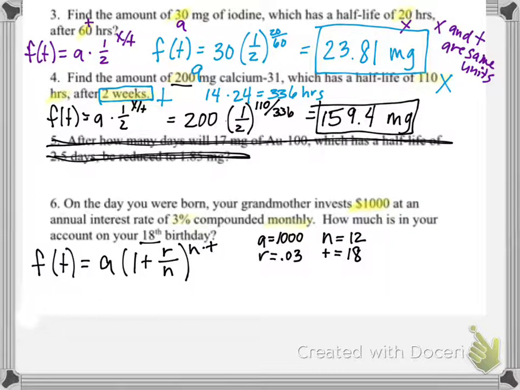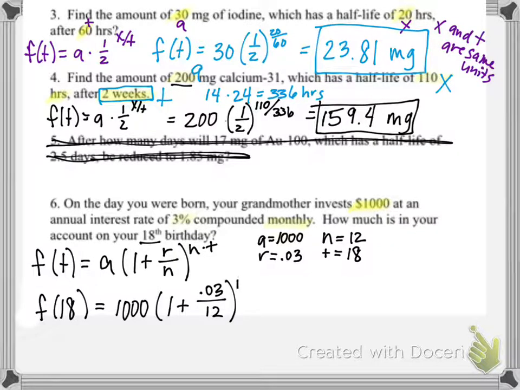So I'm going to figure that out by plugging it in. So f(18) equals 1,000 times 1 plus 0.03 over 12, raised to the 12 times 18. Then I'm going to just type that into my calculator. I can simplify. So if I take 1 plus 0.03 divided by 12, you end up getting 1.0025.